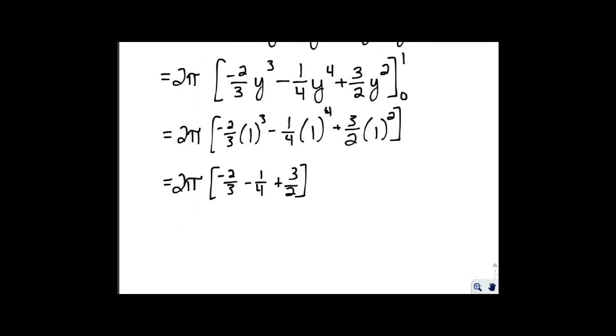All of these need a 12 on the bottom. So 3 times 4 is 12, so that's negative 8, minus 4 times 3 is 12, so that's 3 12ths, plus this is to multiply with 6, which gives me 18 12ths, all still times 2 pi.